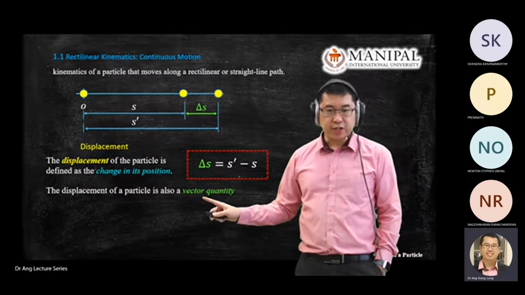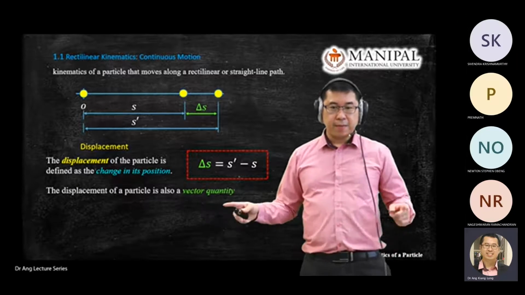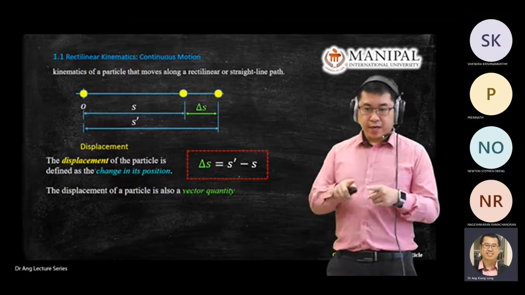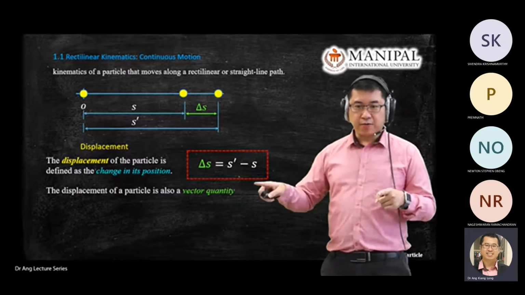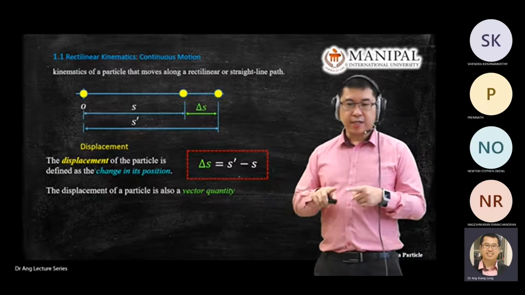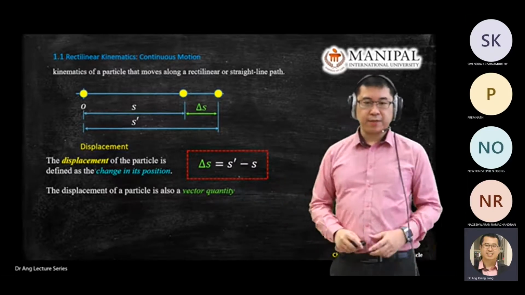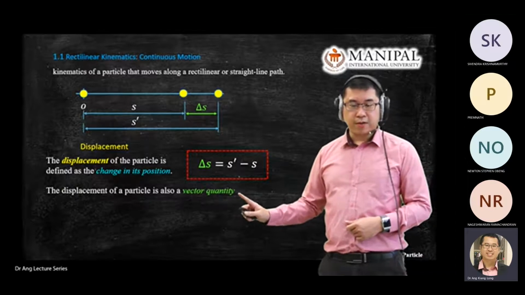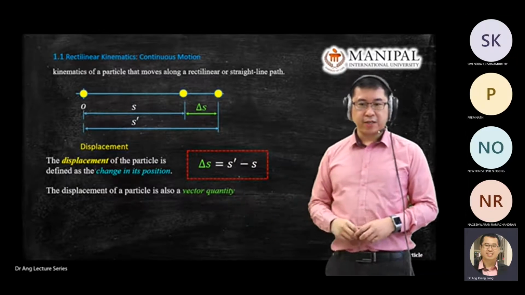A vector has magnitude and direction. Magnitude is the length of the arrow, and the direction is from the tail to the arrowhead of that vector. So you need to recall how to calculate problems with vectors.